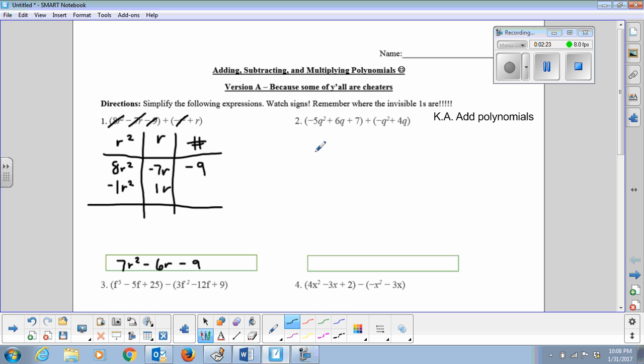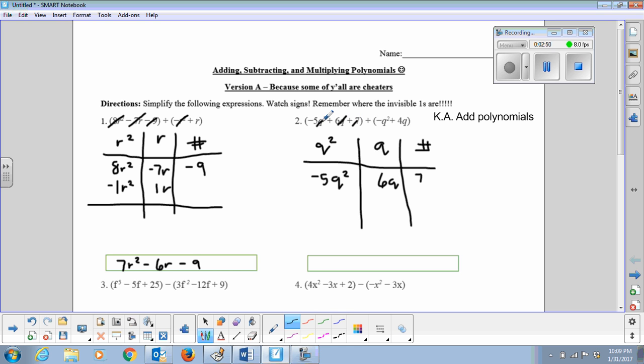For number 2, it's the same process. We're just dealing with q's. So we've got q squared, we have q, and we also have numbers. So we should have seen negative 5q squared in the first one, 6q in the second, and 7 as your last group for the first set of parentheses.